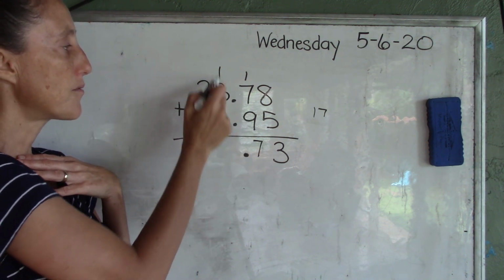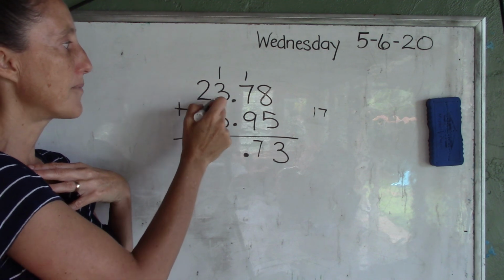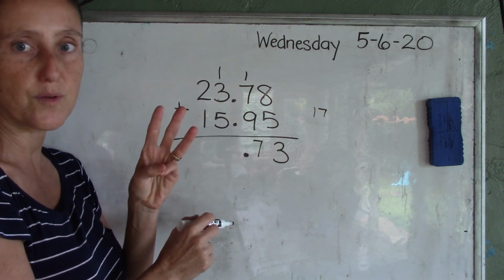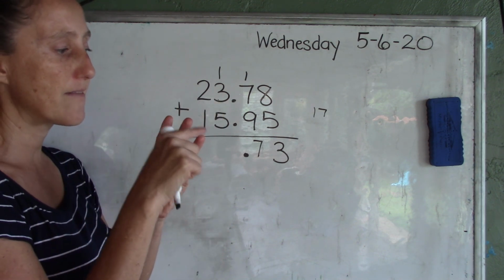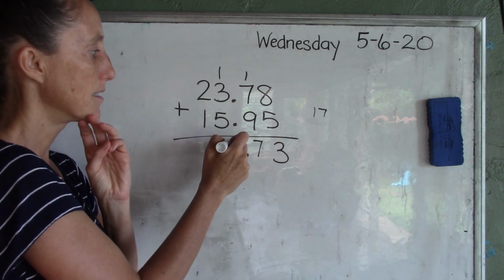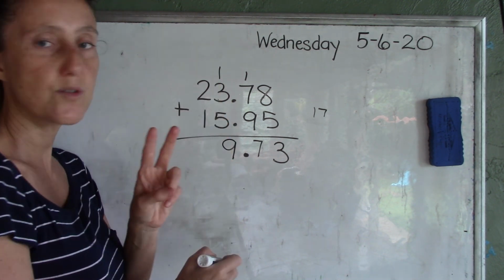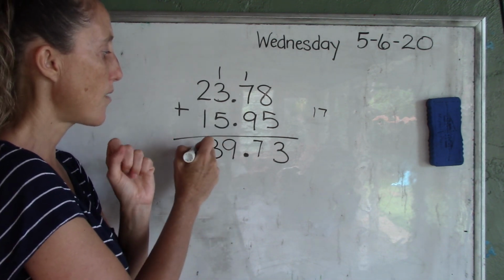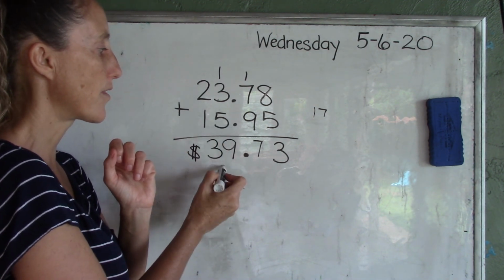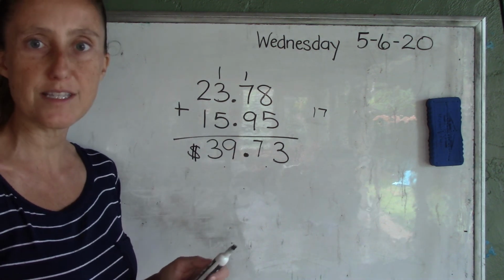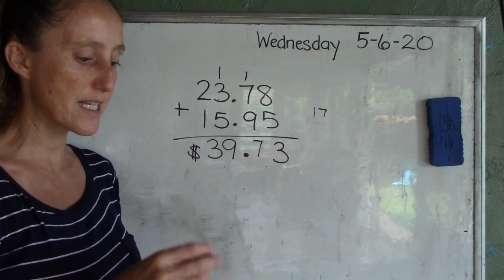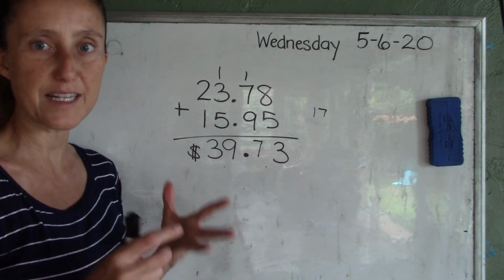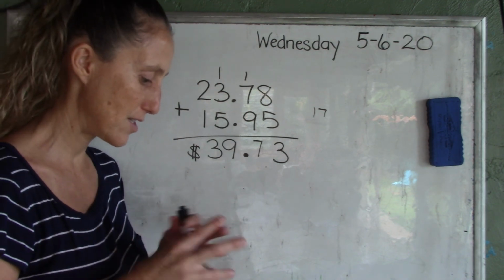Okay, nothing equals 10 here, but we can do 5 plus 3. What's 5 plus 3 more? 5, 6, 7, 8. Plus 1 more? 9. And what's 2 plus 1 more? 3. So my total purchase would be $39.73. And some of you would have to save up for that, and some of you have that already. So it depends on what you want to do with it.